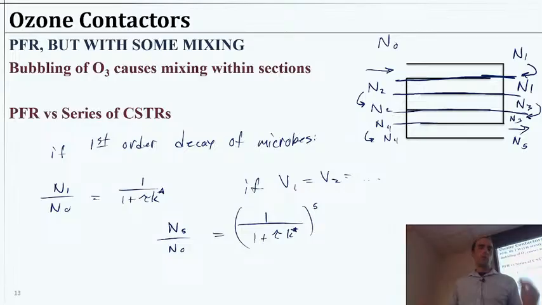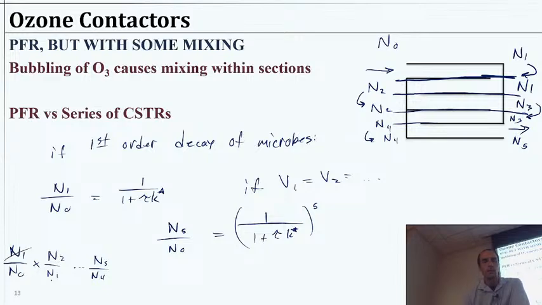Because it's 1 times the other. And just to make this nice and clear, if we did a sequence like this, all the way out to N5 over N4, we would see many cancellations, like these two canceling, and so on, until we get to N5 over N naught. Okay, so that's how we can model.